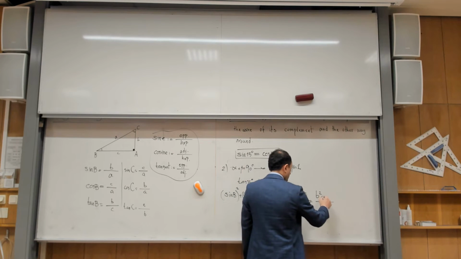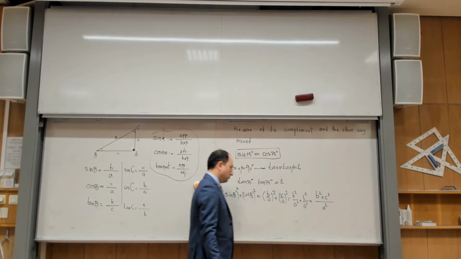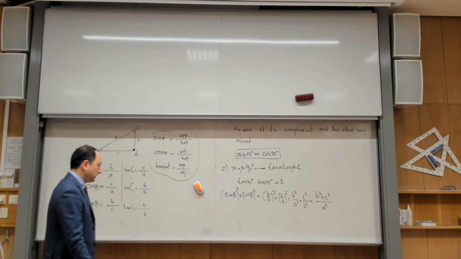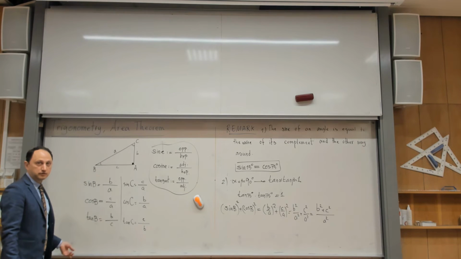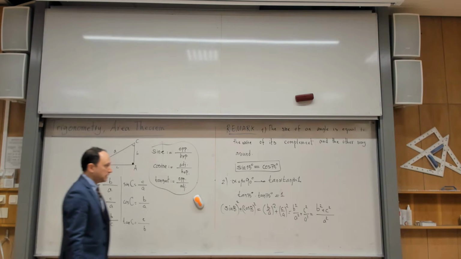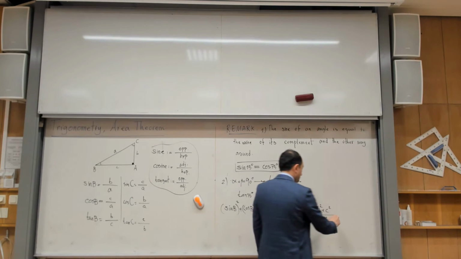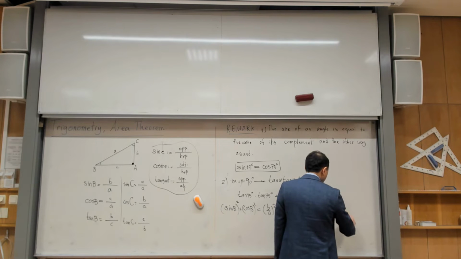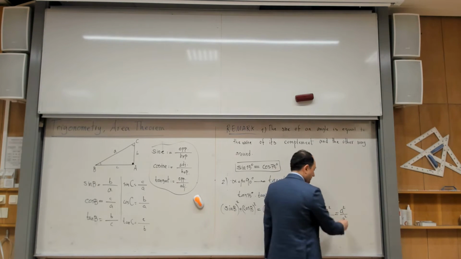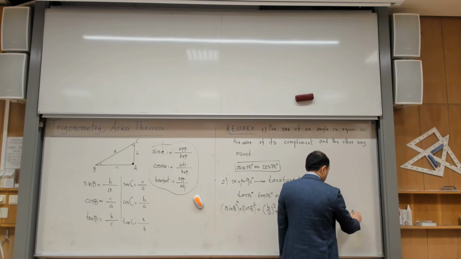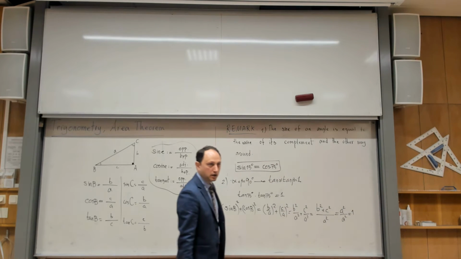So it's b squared plus c squared. But b squared plus c squared is equal to a squared because of Pythagoras theorem. Then it becomes a squared over a squared, which is really not dependent on the value of a, because whatever value a is, this answer is always 1. And that's why it's the nice formula.